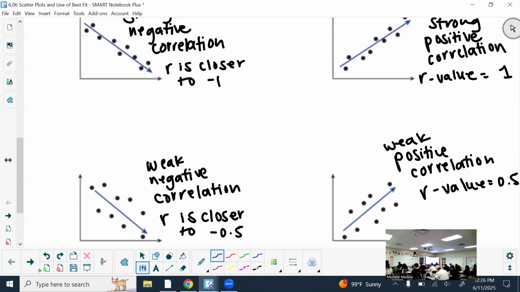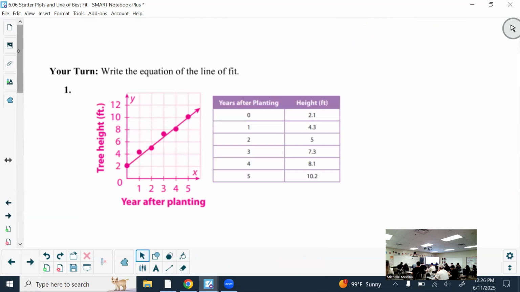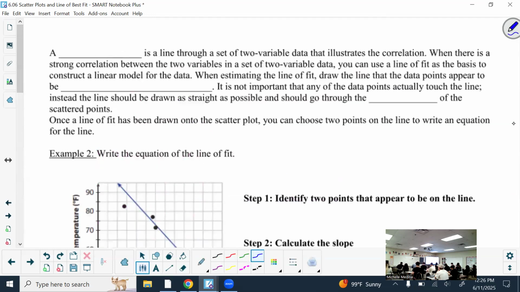Okay, so backside, some more vocabulary before we start doing some calculations. So a line of best fit, or linear model, we can call them all sorts of things: linear models, linear regressions, trend lines, line of best fit.